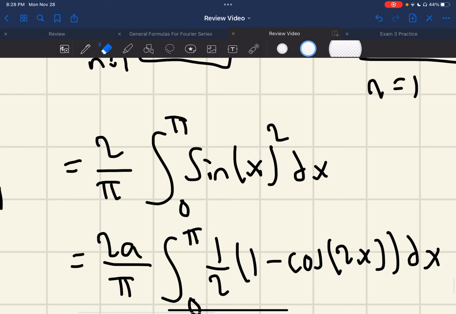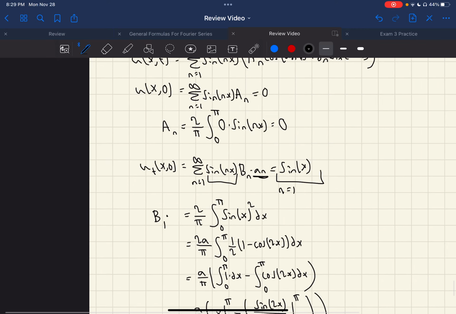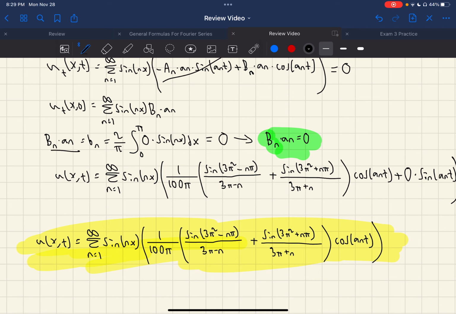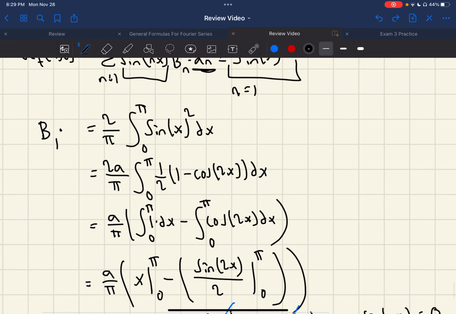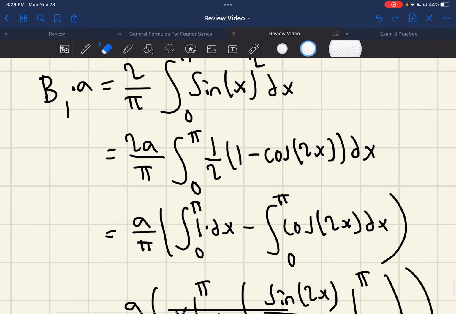So what happens is that we considered, like we did up here, bn times an as our whole coefficient. We have to divide out the a to isolate b1. It becomes b1 times an, where a is 1 and n is 1, so it just vanishes.